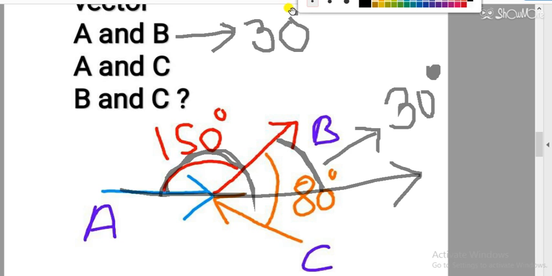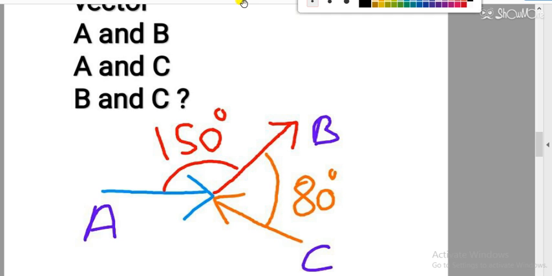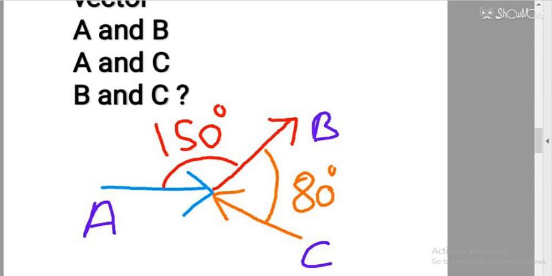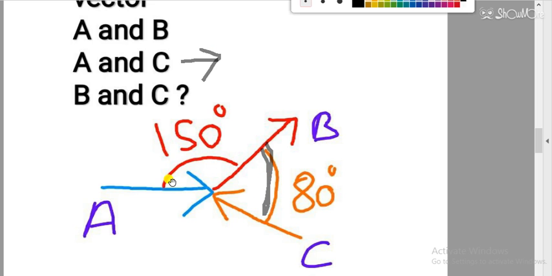So I hope this is clear, 30 degrees. Now I am moving to the next question. Find the angle between A and C vectors. So here you can see this is 150. 150 plus 80 is 230, and the total circle is 360 degrees.